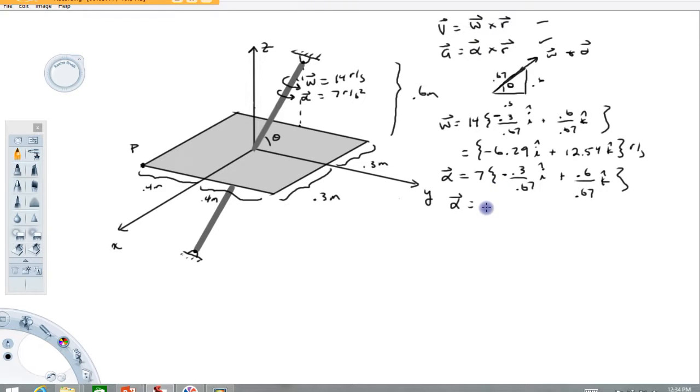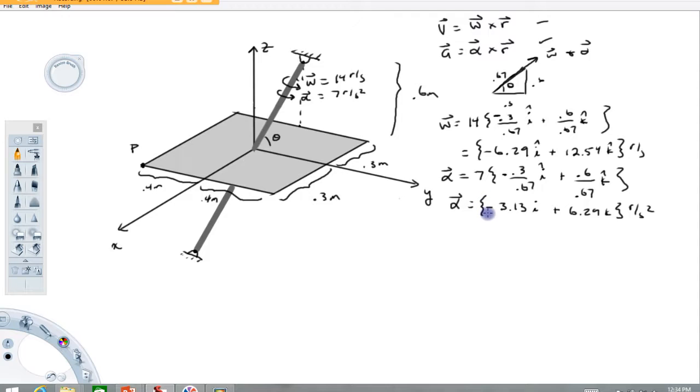Okay, I got negative 3.13 I plus 6.29 K, and the units on that would be radian per second squared.